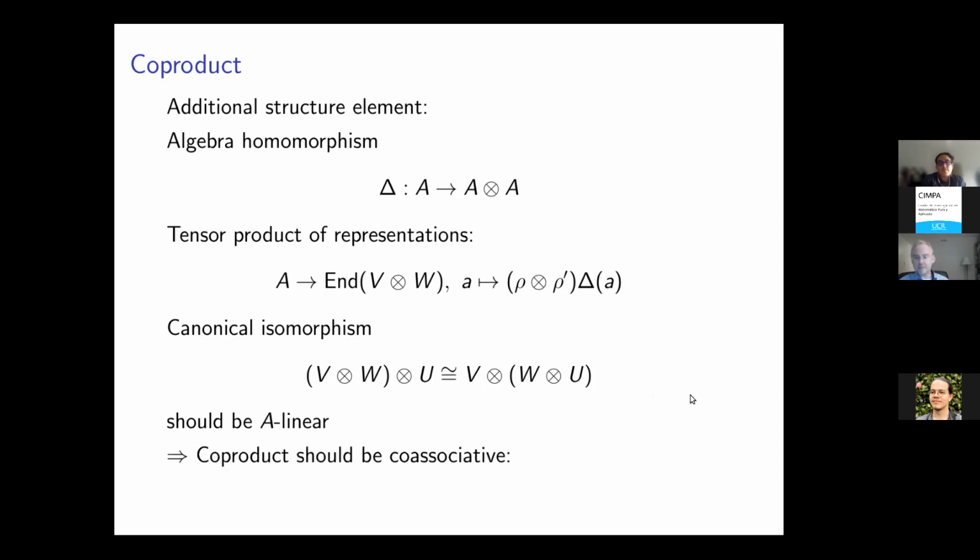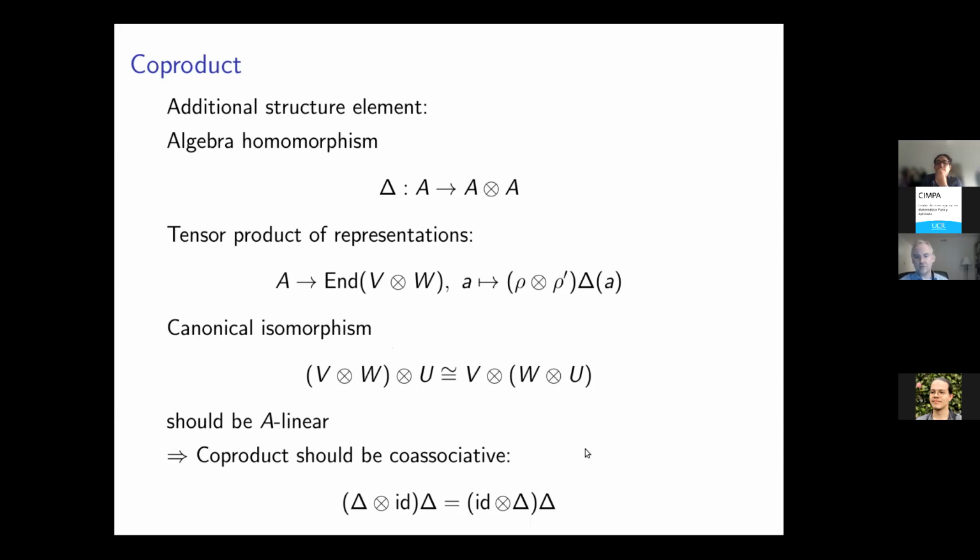And this means that we require that the coproduct is co-associative. So this is the corresponding equation we have over here. If you look at this bracketing, then the corresponding action that you need over here has the coproduct on the left, whereas if you look at the bracketing over here, the corresponding coproduct that you need in order to act on this space is this form over here.